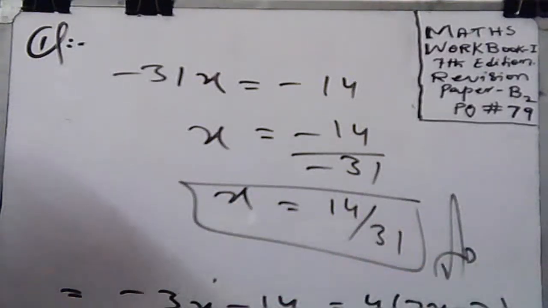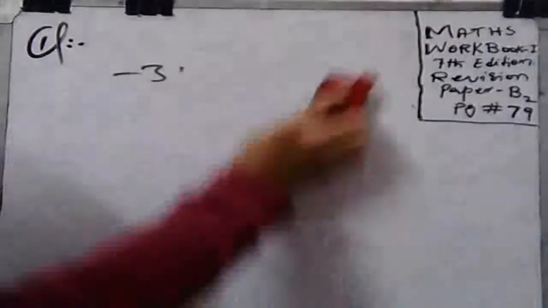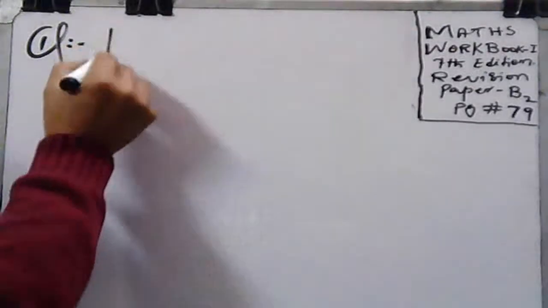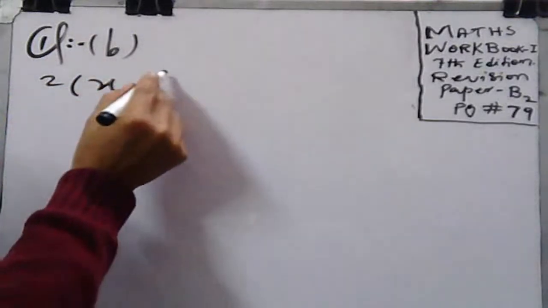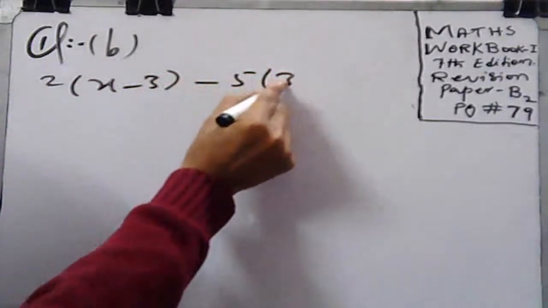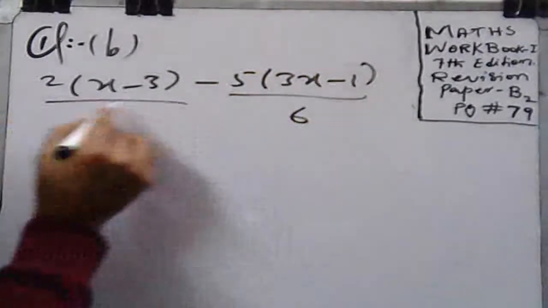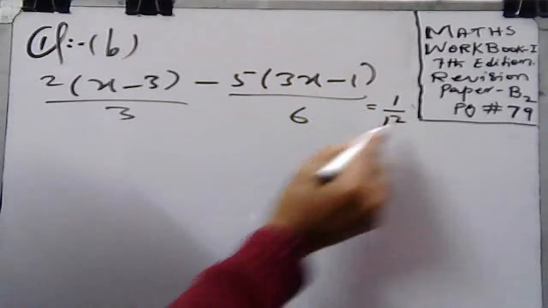Now coming to the B part: 2 into (x minus 3), minus 5 into (3x minus 1) divided by 6, divided by 3 is equal to 1 by 12.